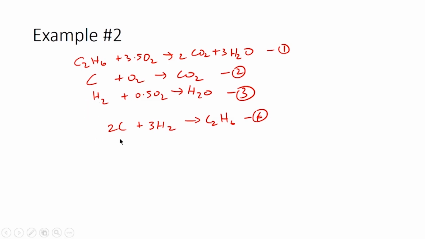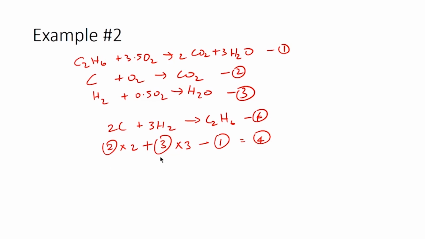So, let us do that. If I were to do this particular algebraic operation, which is reaction 2 times 2 plus reaction 3 times 3 minus reaction 1, I would get reaction 4. Let us see how that would look.